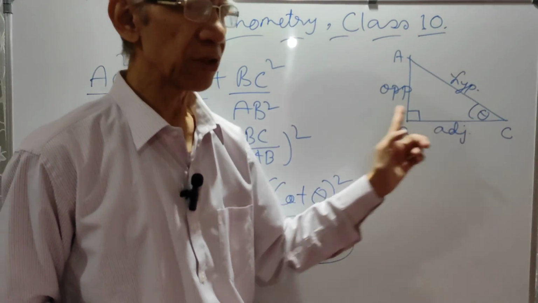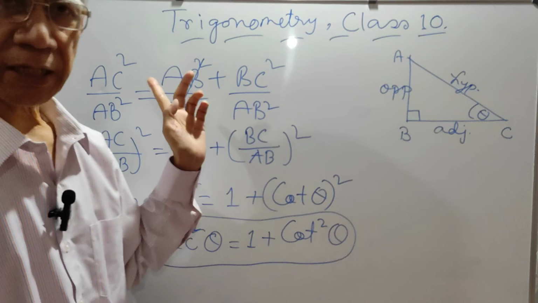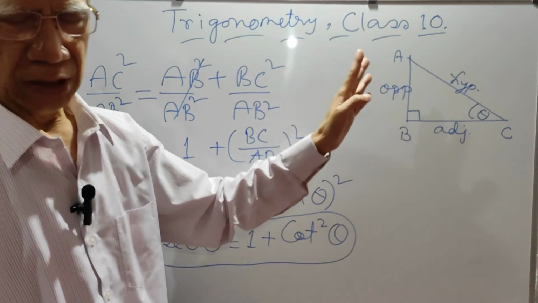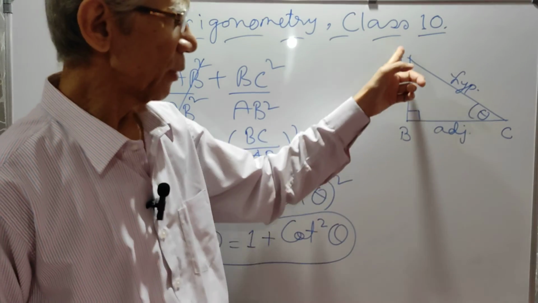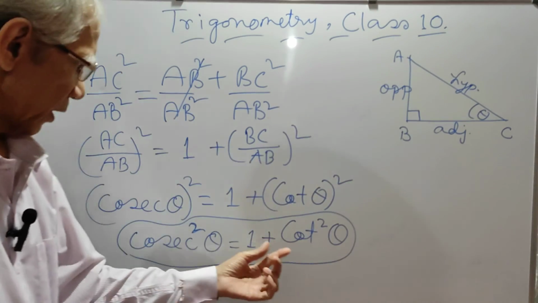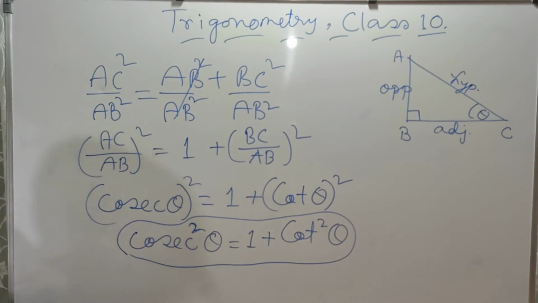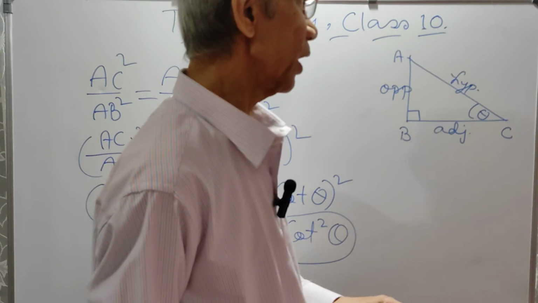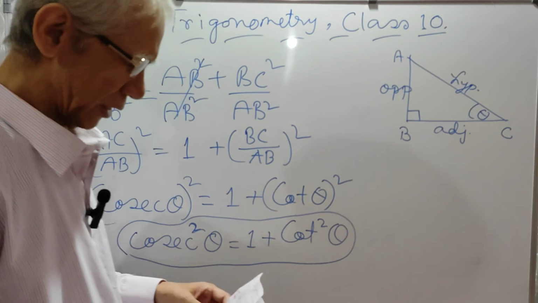Secondly, divide by adjacent square, you will get the second formula. And thirdly, we divide the whole equation obtained from Pythagoras theorem by AB square, opposite square. So as we did here, we got the third. This is how you can derive the formula very easily. Okay.